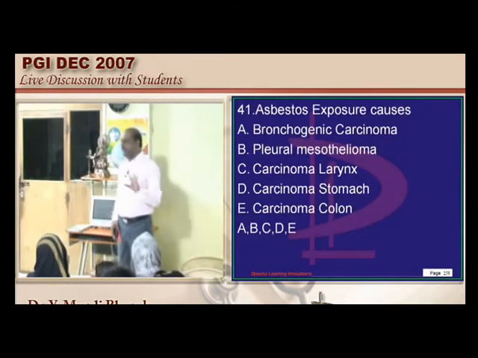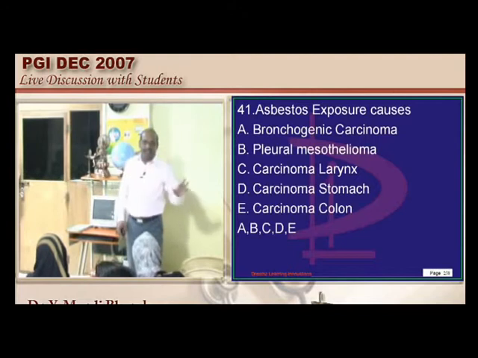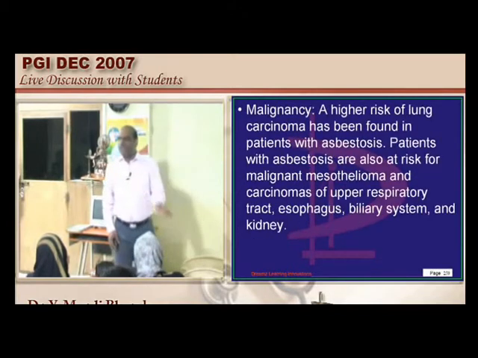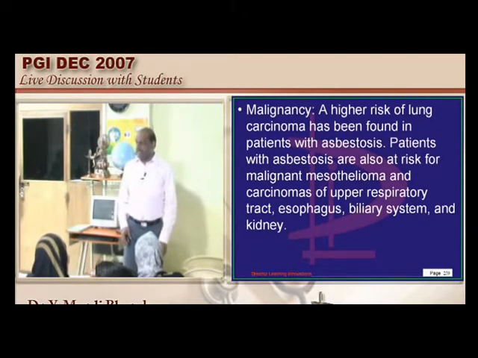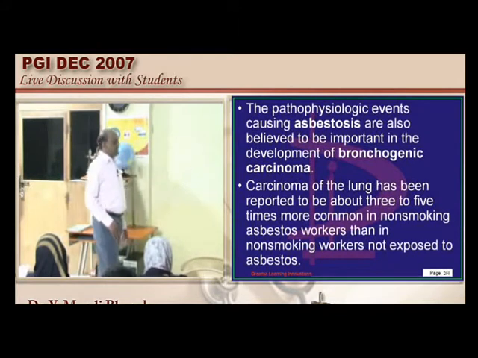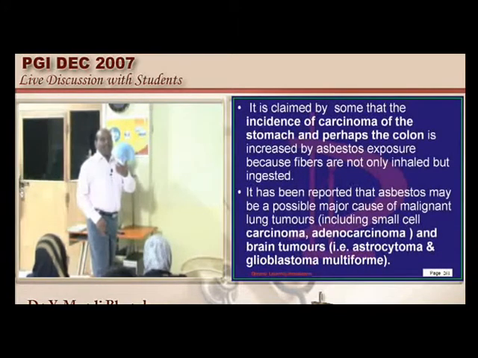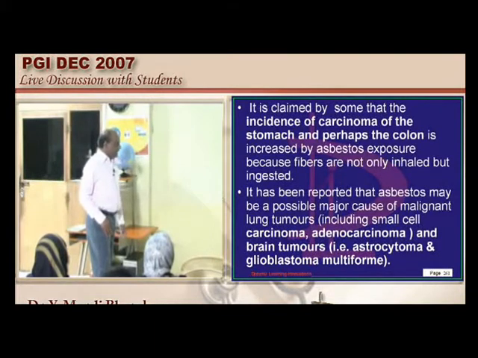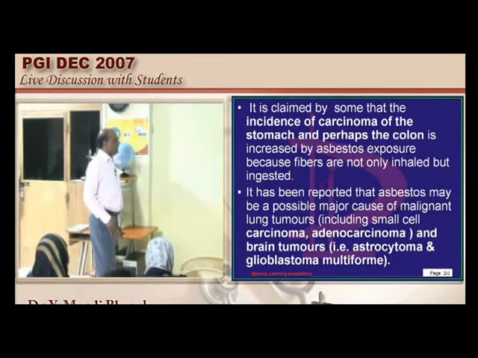Asbestos exposure leads to mesothelioma, all of you agree with that. It also leads to bronchogenic carcinoma in non-smokers. But what are the other rare things which we ignore about asbestosis? Still, unfortunately, it is implicated in upper respiratory tract malignancies like carcinoma larynx, esophageal malignancy, biliary malignancies, and renal cell carcinoma, which I would like to underscore to all of you.